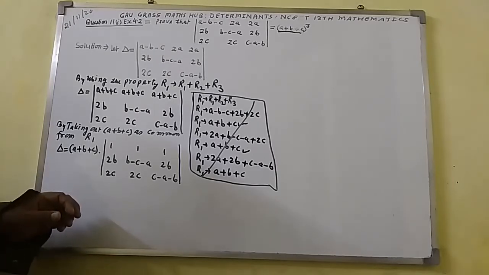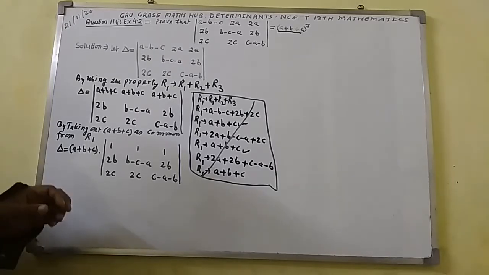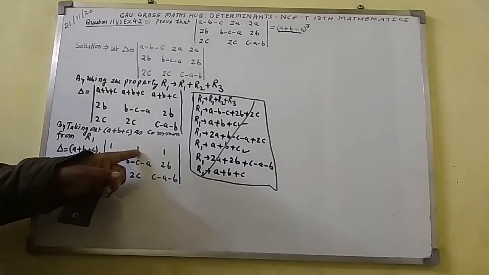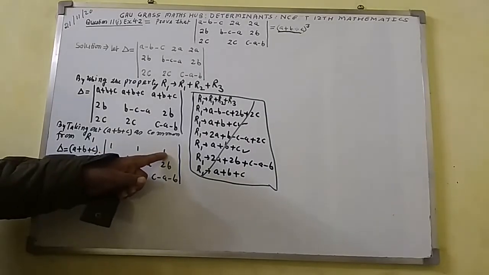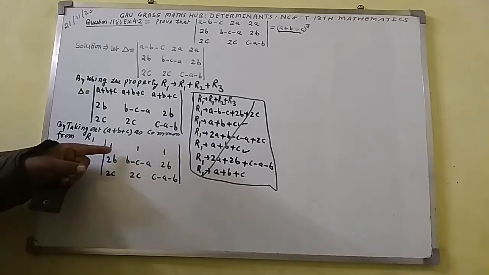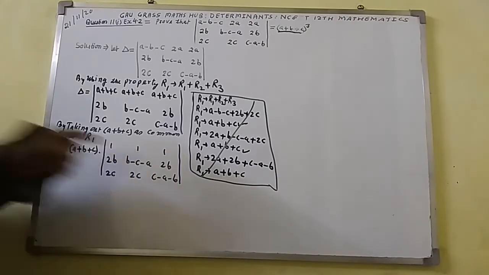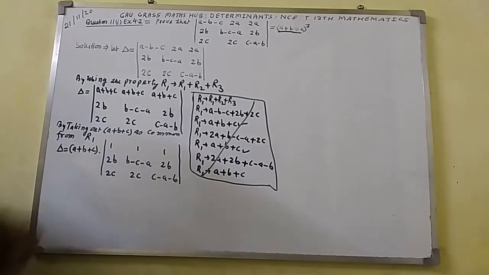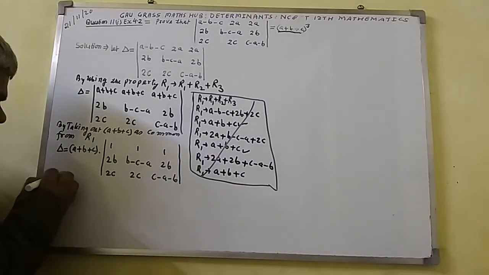If I use a property such that here you will get 0 and here you will get 0, the first column will get the maximum 0s. So let us see what property I shall use here.